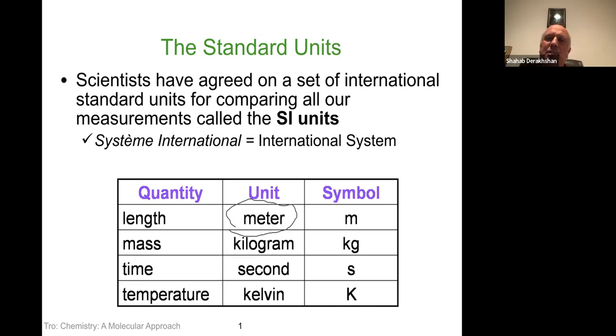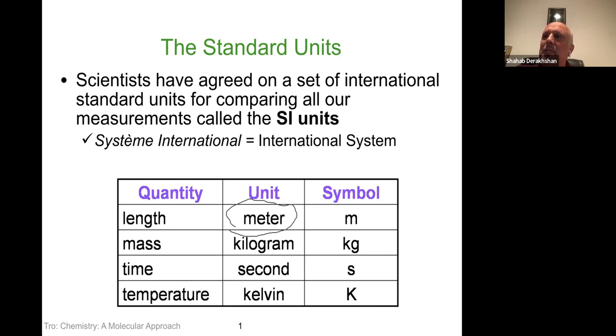And for temperature, the scientific unit which we agree upon is Kelvin, and it's shown with a capital K. Now, these four are our fundamental quantities, obviously, but we also have some derived units out of these.